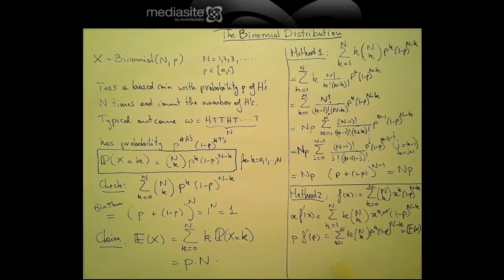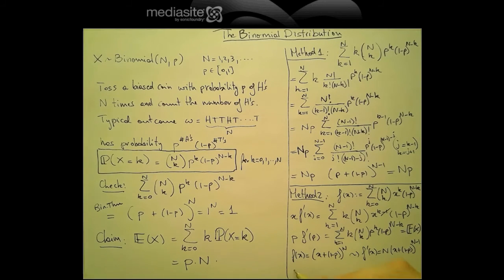Well, by the binomial theorem, I know that f of x is also equal to x plus 1 minus p to the n. And this is easy to take the derivative of, right? So the derivative of that is n times x plus 1 minus p to the n minus 1.